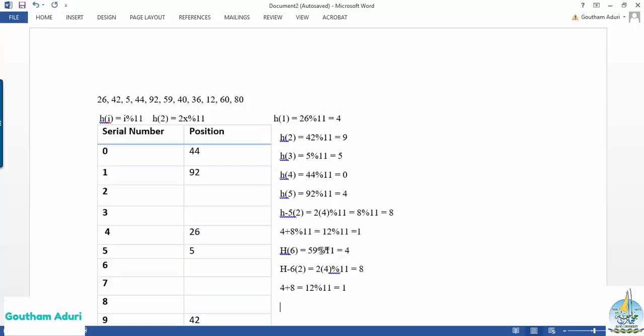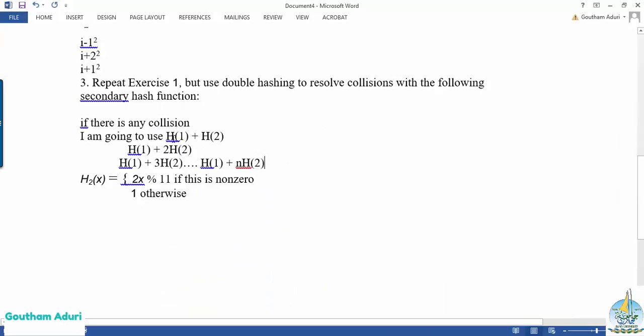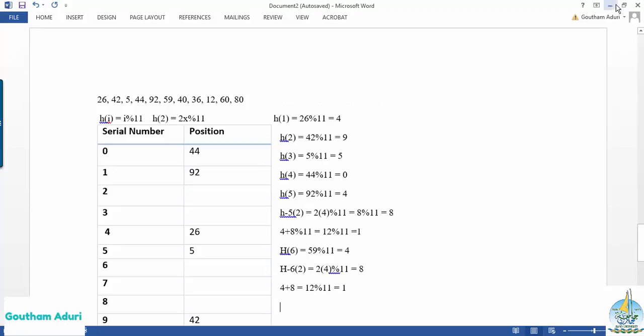Now I have to calculate h1 plus 2h2. So h1 is 4 plus 2 into h2, 2 into 8 mod 11. So 4 plus 16, 20 mod 11. 11 ones are 11, and the remainder is 9.